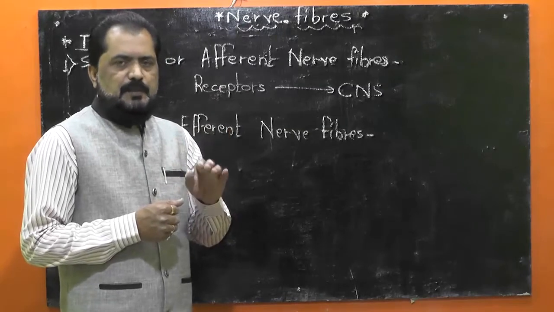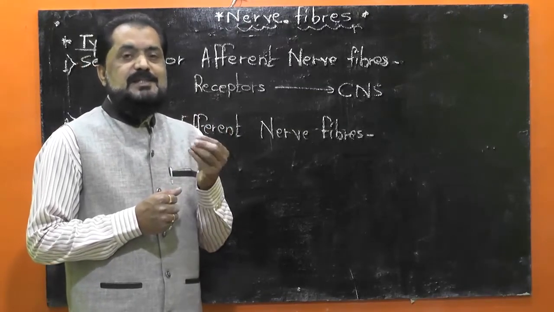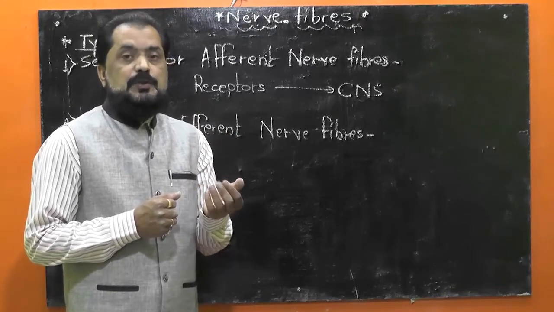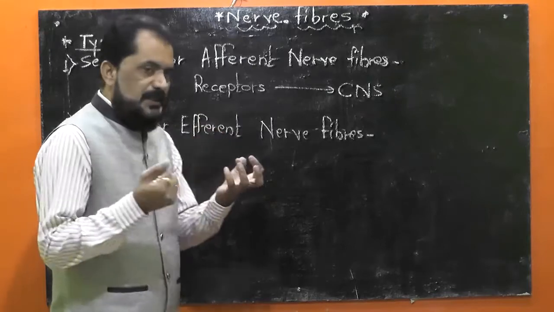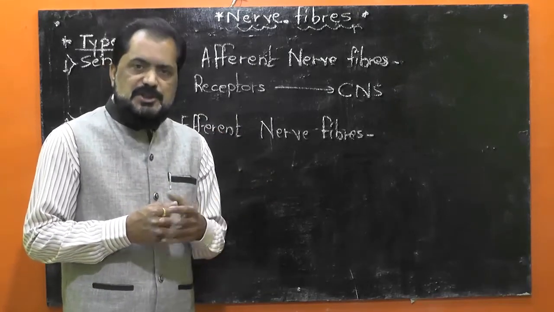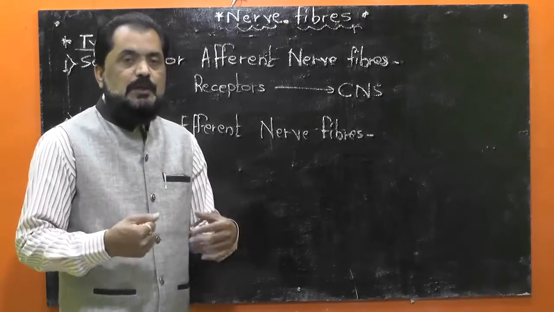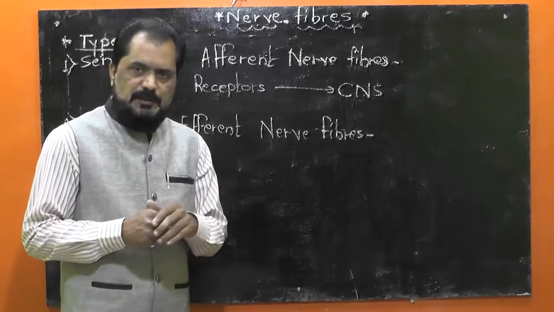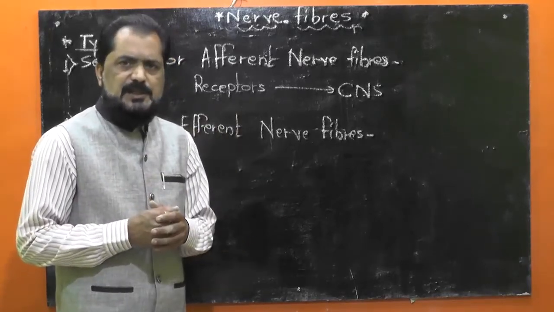But here temporarily I would like to tell you the specialized structures which are meant to receive various external stimuli are known as receptors. ज्या अवयवांच्या माध्यमातून, ज्या स्ट्रक्चर्सच्या माध्यमातून आपण बाह्य संवेदना स्वीकारत असतो त्यांना रिसेप्टर्स असे म्हणतात. Say skin, it acts as the receptor, eyes act as the receptor.